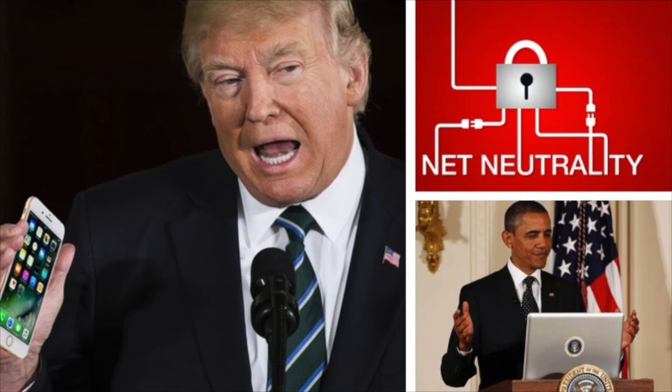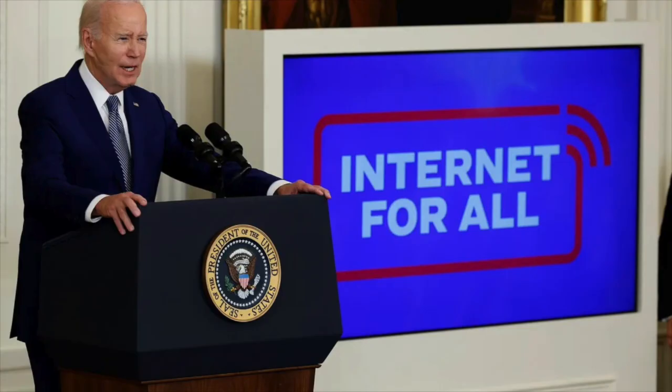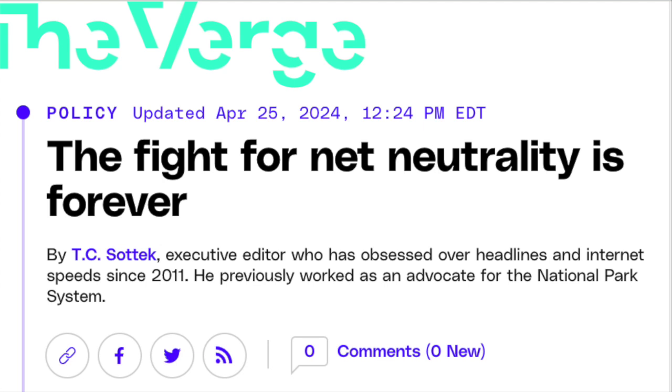This resilience demonstrated that ISPs could manage traffic without strict regulations. After winning election in 2020, President Biden promised to restore net neutrality laws, and he finally did so in 2024. However, the reinstatement of net neutrality is not the end of the story. Legal battles and political skirmishes loom on the horizon.